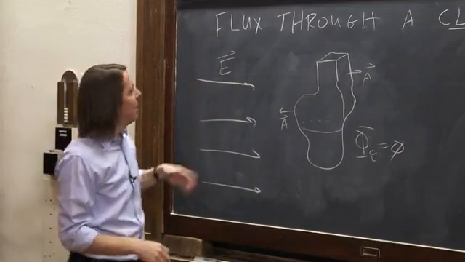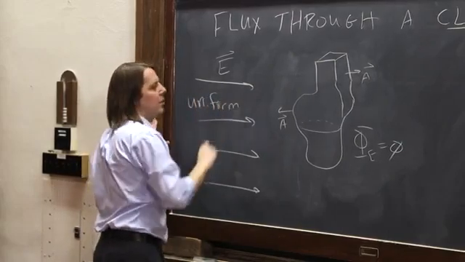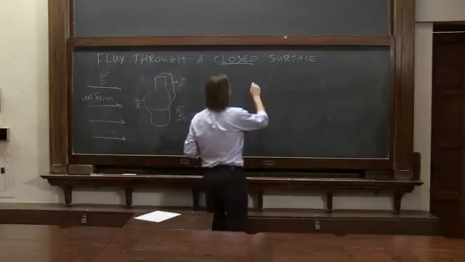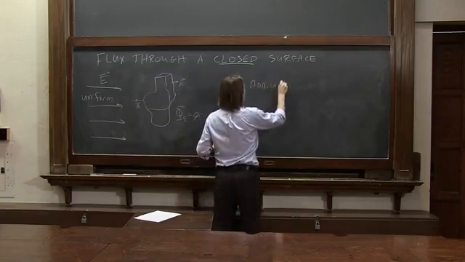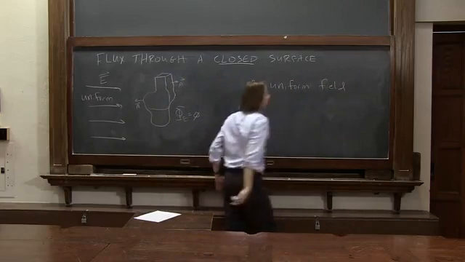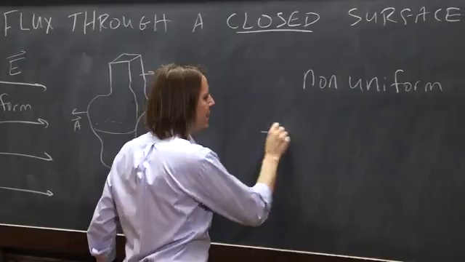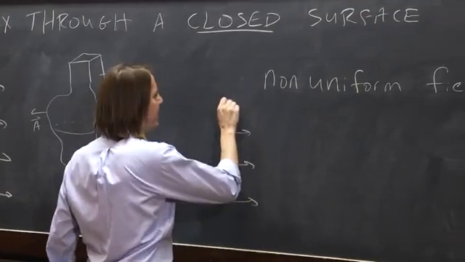So let's stress this is uniform, because let's think about if it's a non-uniform field. Let's draw a non-uniform field, which I haven't really done yet. You could have small E vectors here.